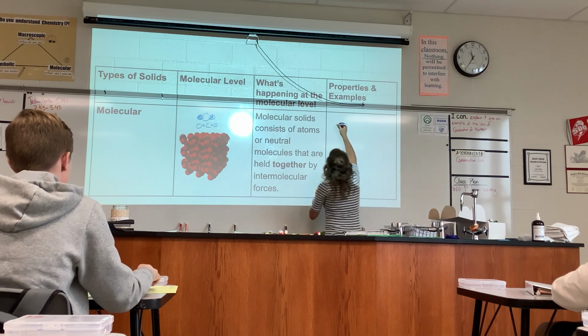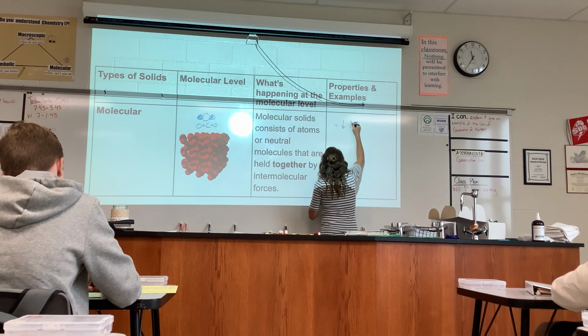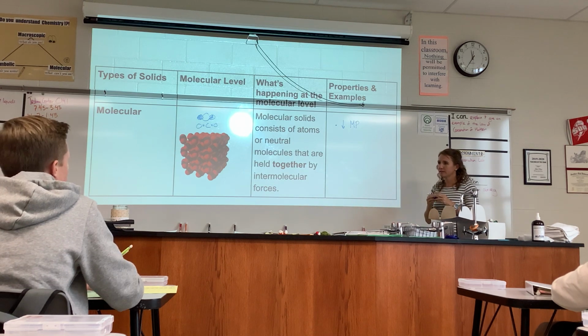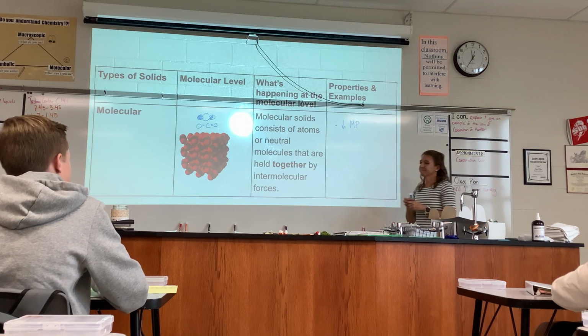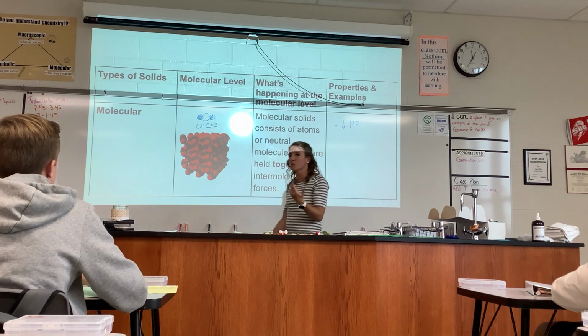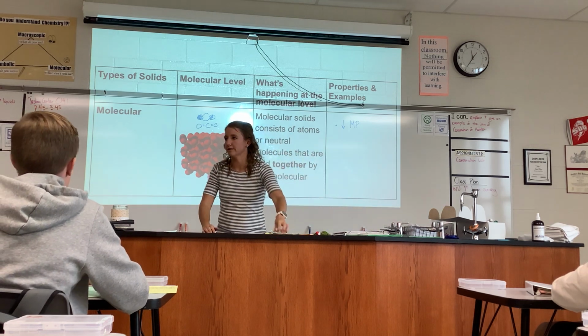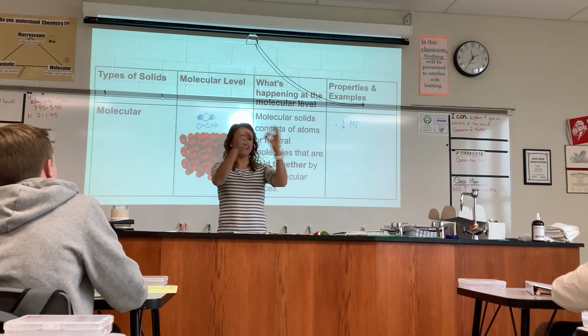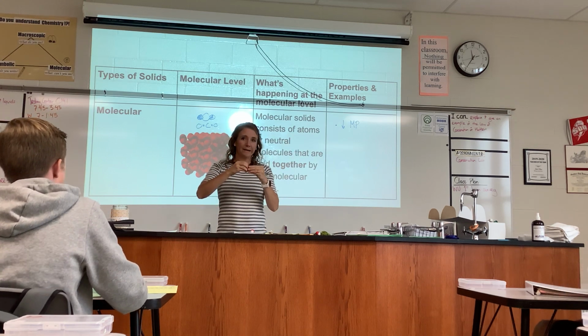Low melting point. Good, so these ones typically have low melting points. And why would that be? Because they aren't held together as tightly as the other ones. And what are we breaking when we melt a molecular solid? The friendship force, right? We're just breaking this. We're not ripping their arm off.